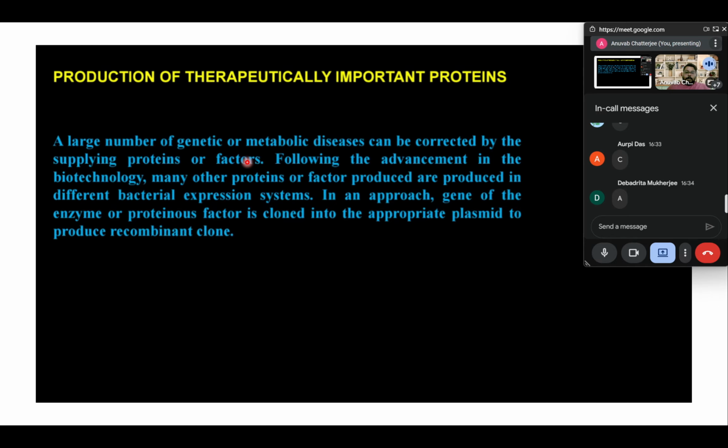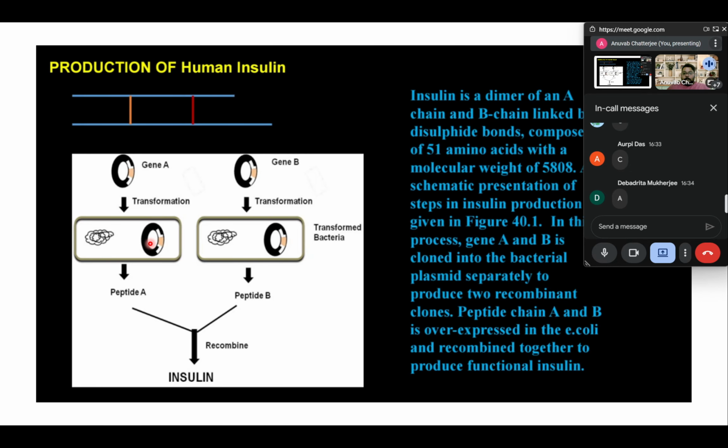A large number of genetic or metabolic diseases can be corrected by supplying proteins or different factors. In this approach, a gene of an enzyme or a factor is cloned into an appropriate plasmid and used to produce a recombinant clone. In the case of human insulin, this is known as recombinant insulin.